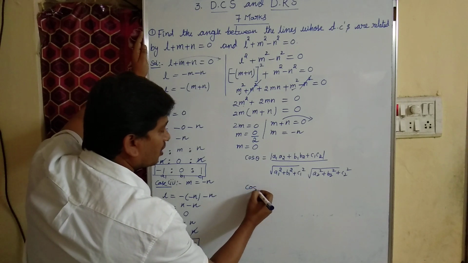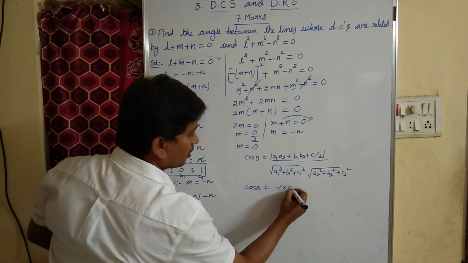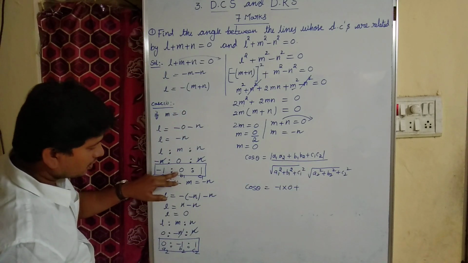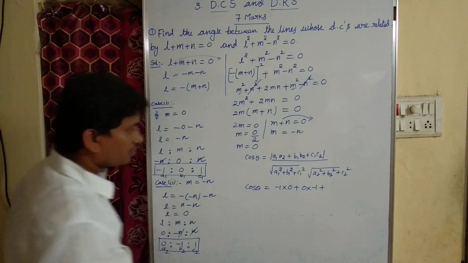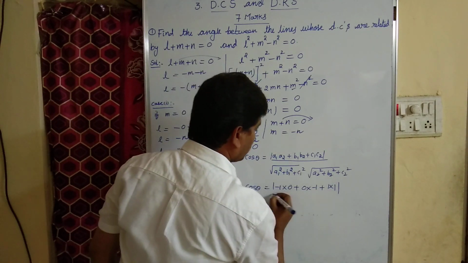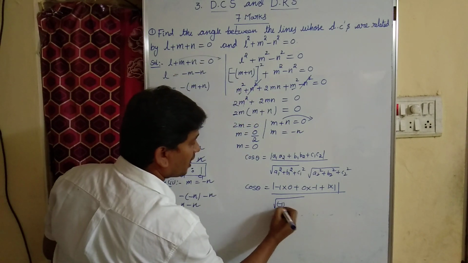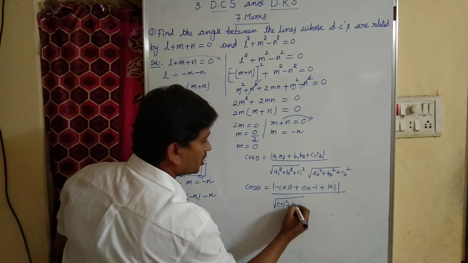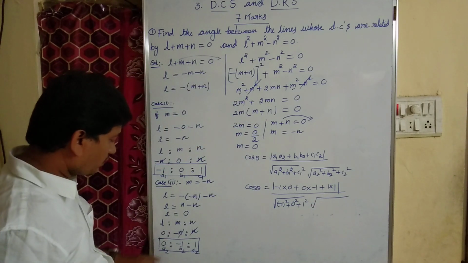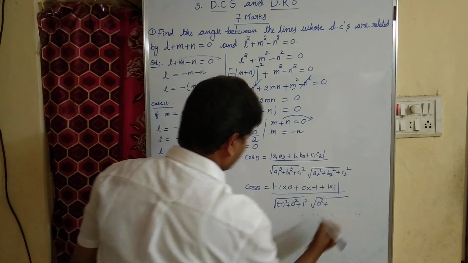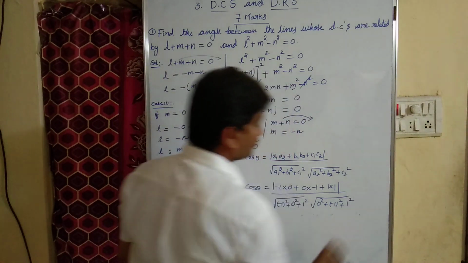Right? So cos theta is equal to A1 into A2, minus 1 into 0, plus B1 into B2, 0 into minus 1, plus C1 into C2, 1 into 1, divided by root over A1 square minus 1 whole square, B1 square 0 square, C1 square 1 square, into root over A2 square 0 square, B2 square minus 1 whole square, C2 square 1 square.